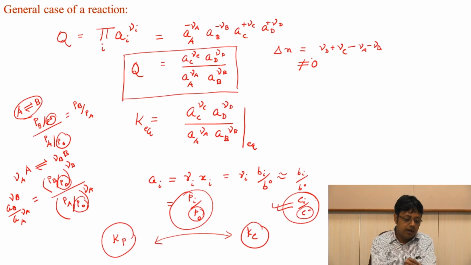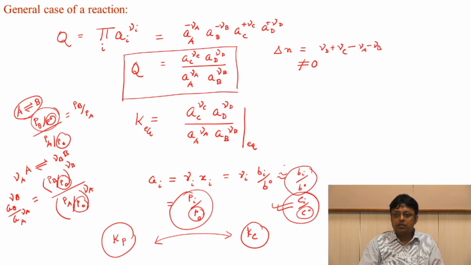We are dividing pressure by 1 bar so that it becomes unitless. You express the pressure in bar, and then divide by 1 bar, which means it's just a number. A similar thing applies to the concentration or the molality. You can easily convince yourself that it is just a pure number.